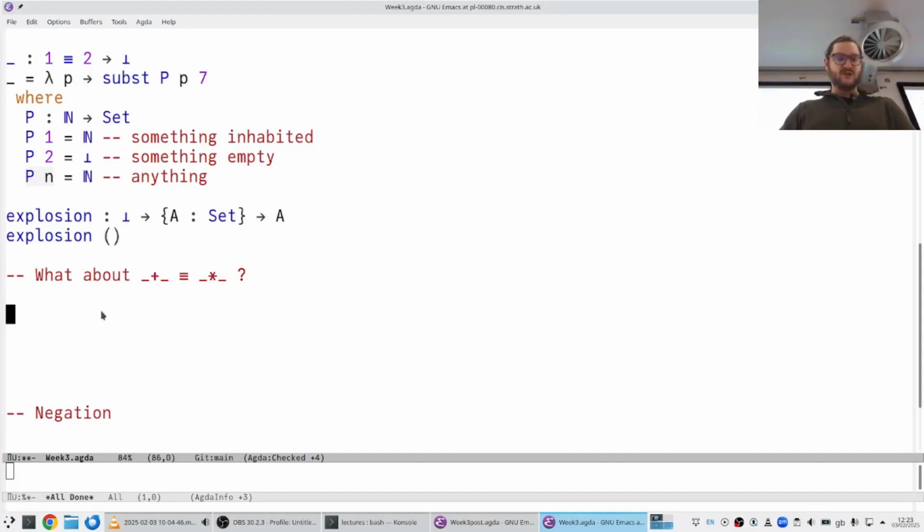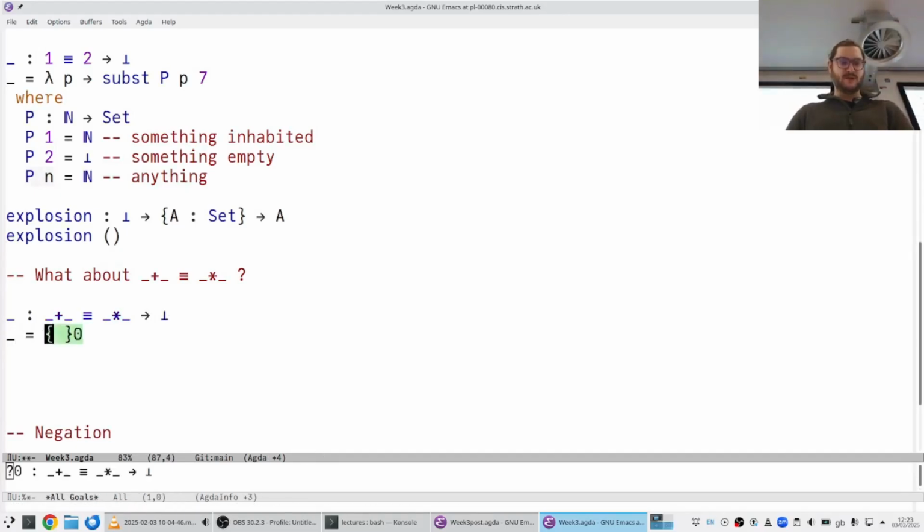So I haven't tried this, but I think it shouldn't be the case that Agda will allow us to say, well, it will let us say that plus is not equal to times, but I don't think it will prove it automatically. So let's see, I'm going to introduce the equality here, reload, look at the goal, and then try to split on equality.